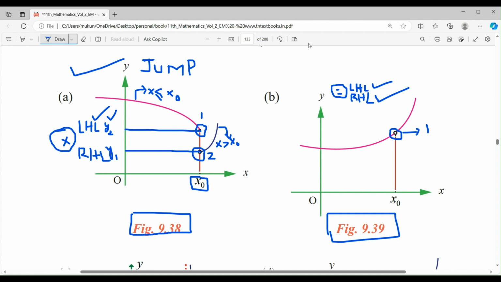So this type of discontinuity, you can call it a removable discontinuity, right? So we can remove the discontinuity at the point if it is required.